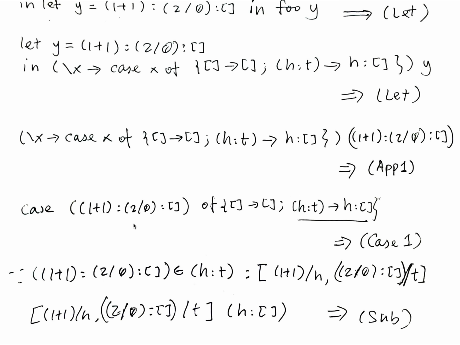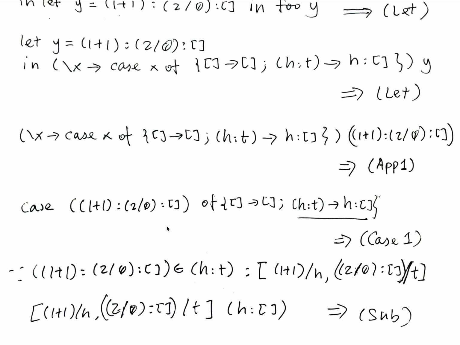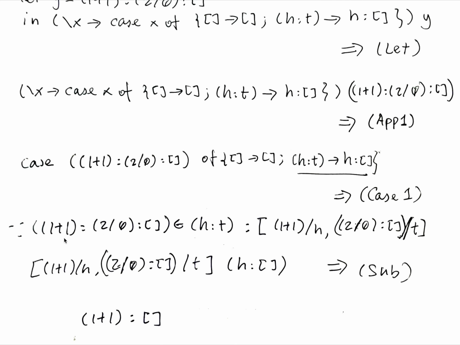Because this is a non-empty list, we can only match it with the pattern h cons t, not the empty pattern. So by matching it, we construct a substitution of h and t, where h is replaced by 1 plus 1 and t by 2 divided by 0 cons empty list.